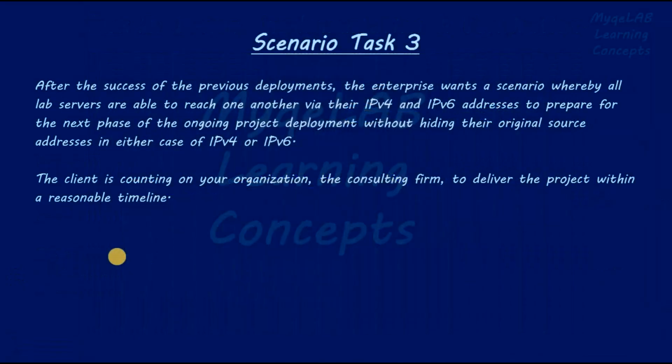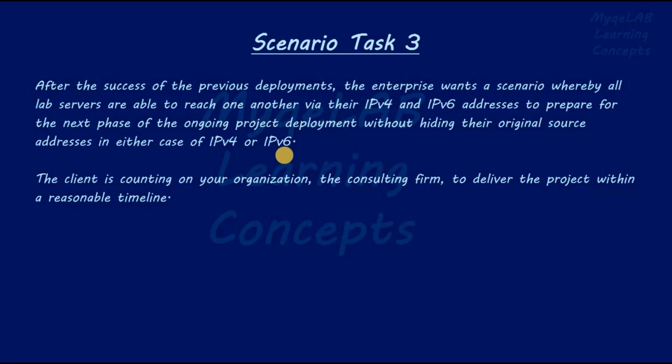We go to task 3. For task 3, I'll leave it also for you to read so that we can wrap it up. Okay, in this case, you would have realized that there is also a constraint that was provided. There is a requirement, there is a goal. The constraint is telling us that it wants all servers to be able to reach one another without hiding their original source IP addresses, whether in the case of IPv4 or IPv6.